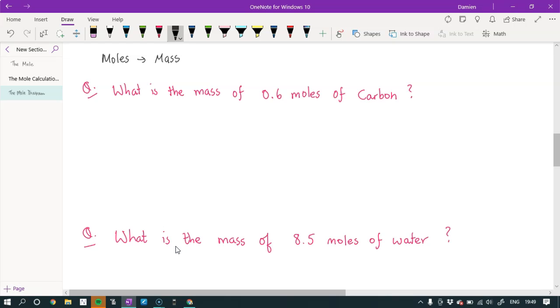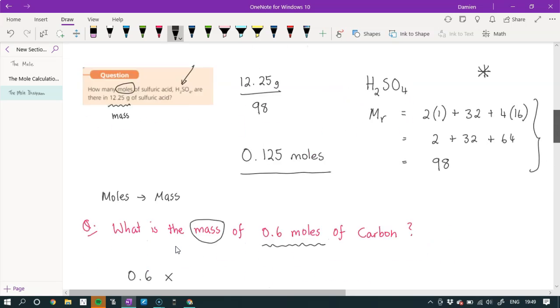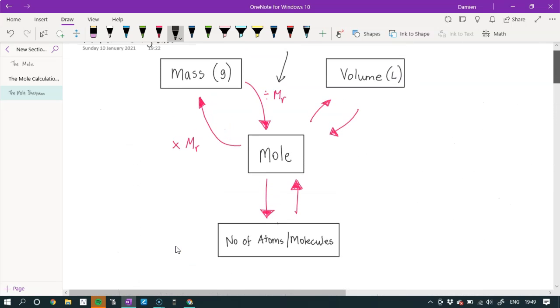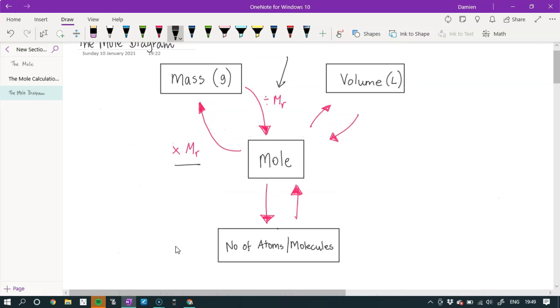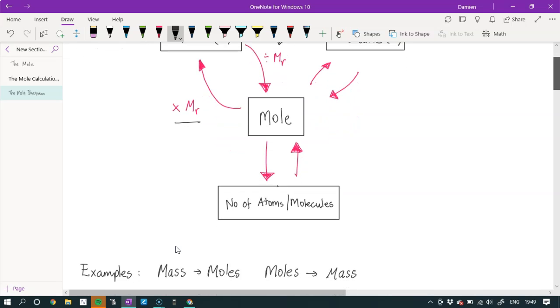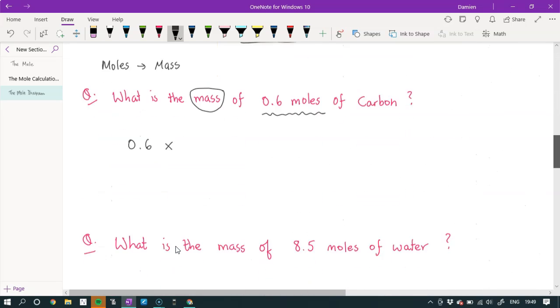With this question, you have to again identify what you have. This is our information. We have 0.6 moles. This is where we're at. What is the mass? This is where we're trying to get to. So you take your moles, which is 0.6, and you multiply it by the molecular mass. So up here, you're at moles, you multiply by molecular mass or molecular weight to get up to grams.